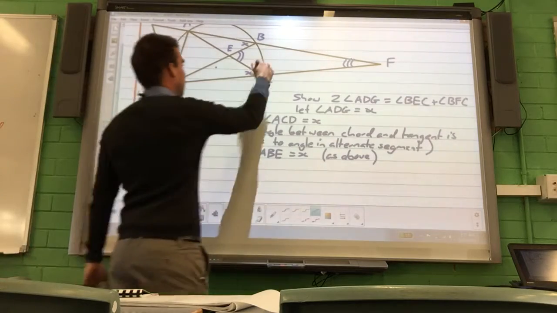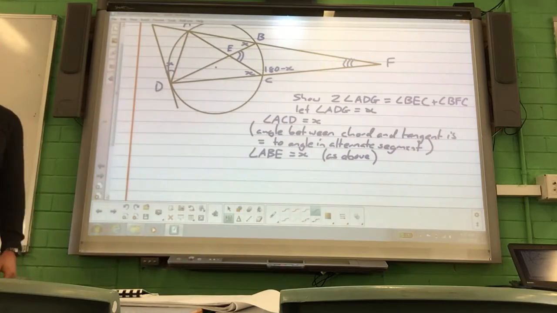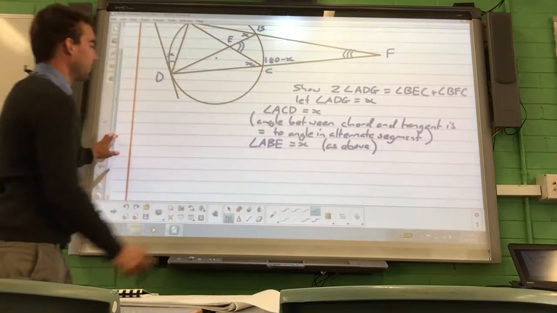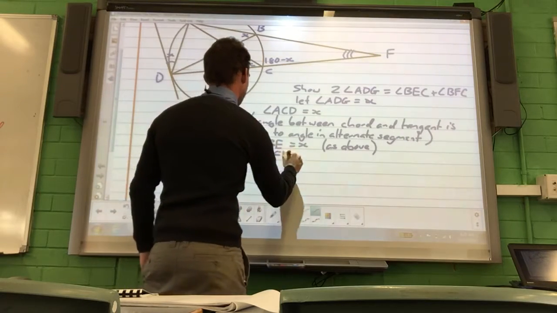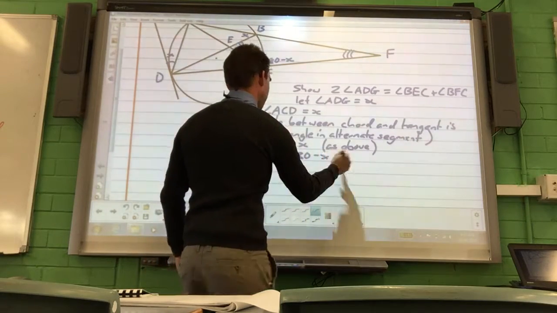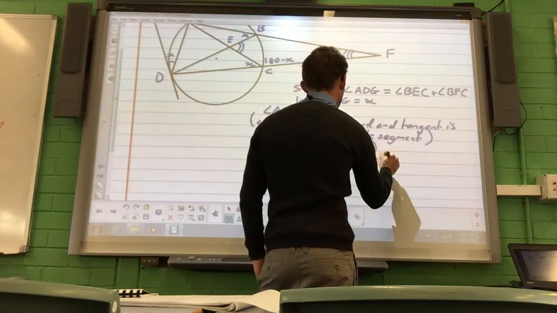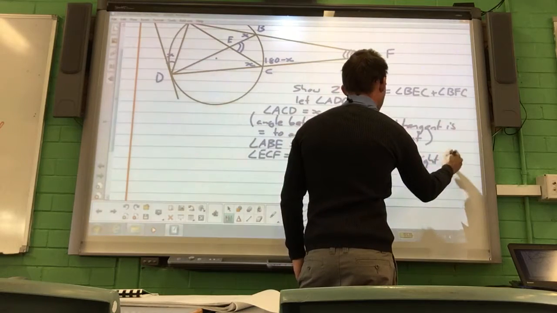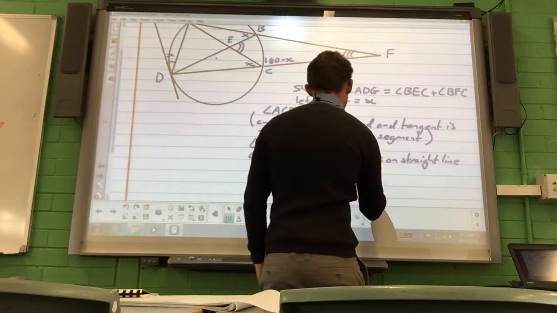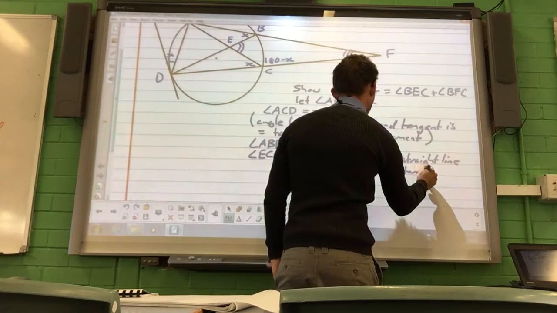Equals 180. Good. Angle on a straight line, supplementary.